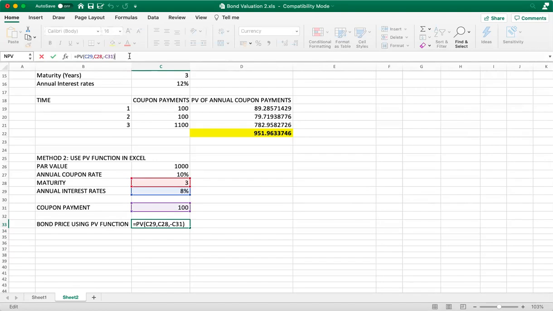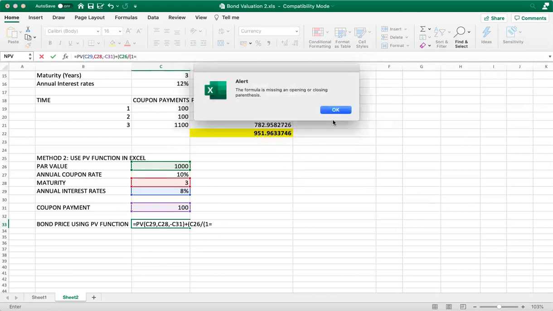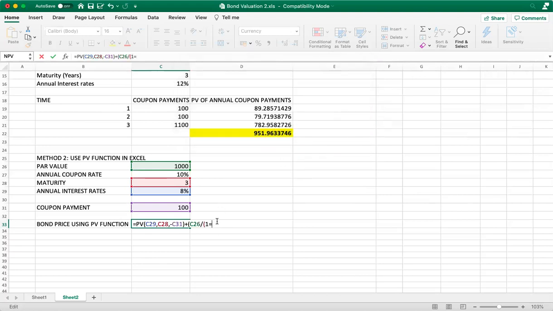So plus, yeah. So 1,000 divided by 1 plus, sorry, 1 plus R. R is 8%. Then we discount this by 3, the power 3, sorry.